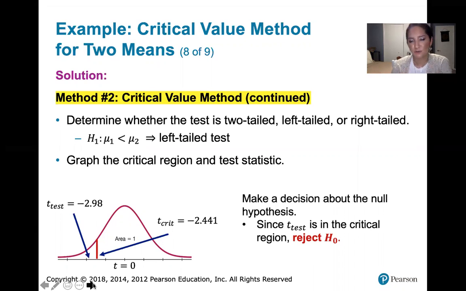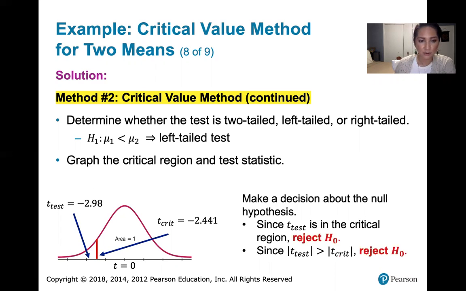Now, some students prefer to not think of this visually, but instead look at inequalities, look at the absolute value of the test statistic and the absolute value of the critical value of t, and then see which one is larger. So you could just take the absolute value of 2.98 and the absolute value of 2.441, and see that this absolute value is greater than this absolute value. And what that means is that that 2.98 is farther away from t equals 0, which is in the middle, than the critical value of t.